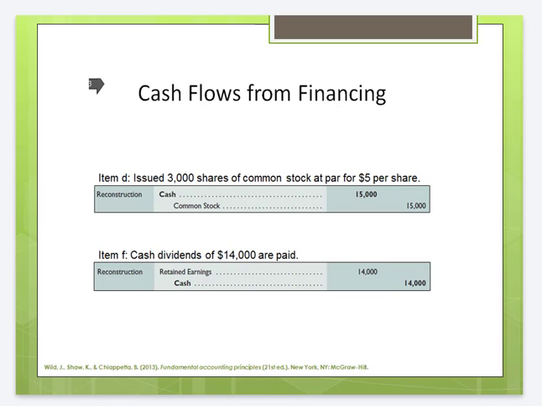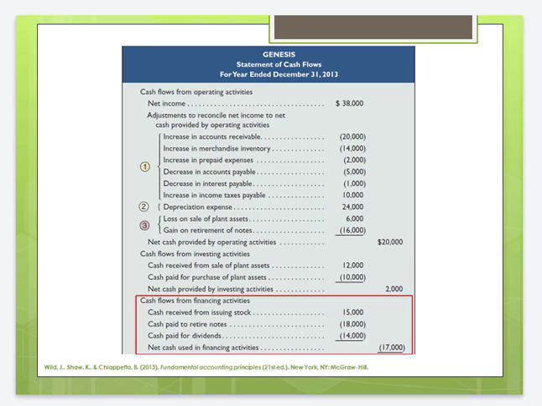So now let's look at how this would be reported on the face of the statement of cash flows. At the bottom of this particular statement of cash flows, we see the cash flows from financing activities. We're going to report the cash received from the stock issuance of $15,000. We're going to report the cash paid to retire the notes of $18,000.